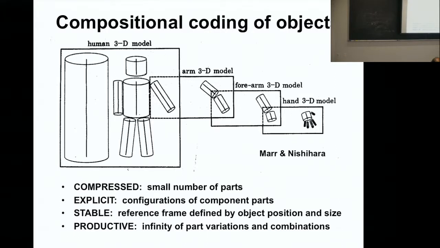And the reason for this productivity is, in a sense, the same reason behind the productivity of just 26 letters of the Roman alphabet in different combinations, which can represent 5 million words in English and even more words in other languages. It's the combinatorial explosion of arrangements of those parts.